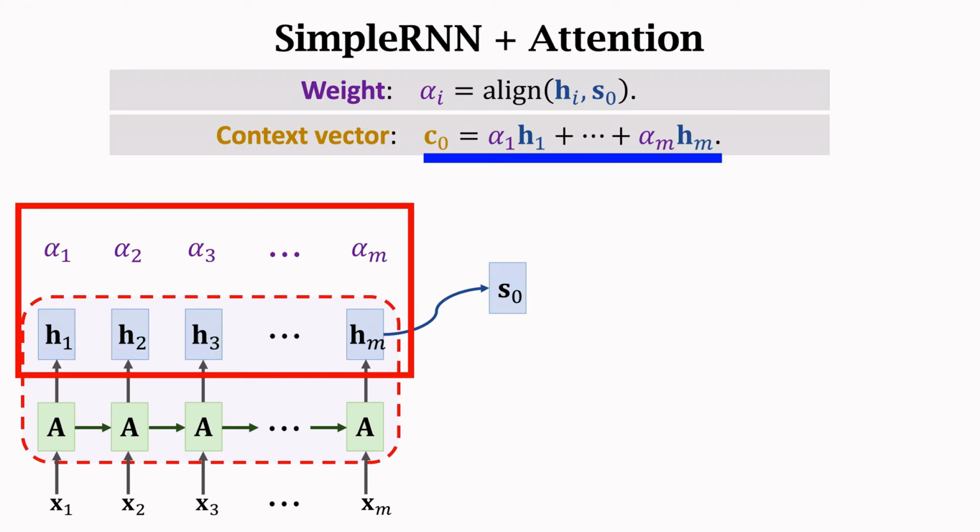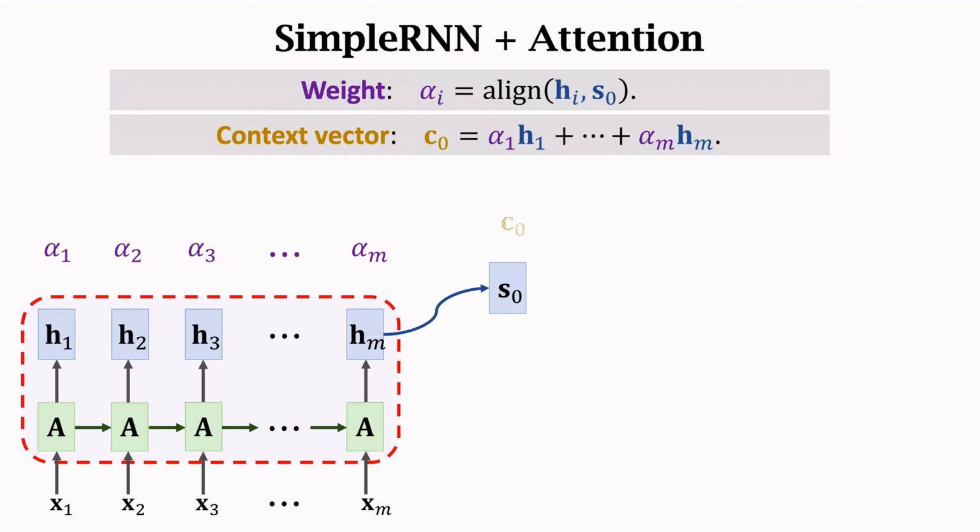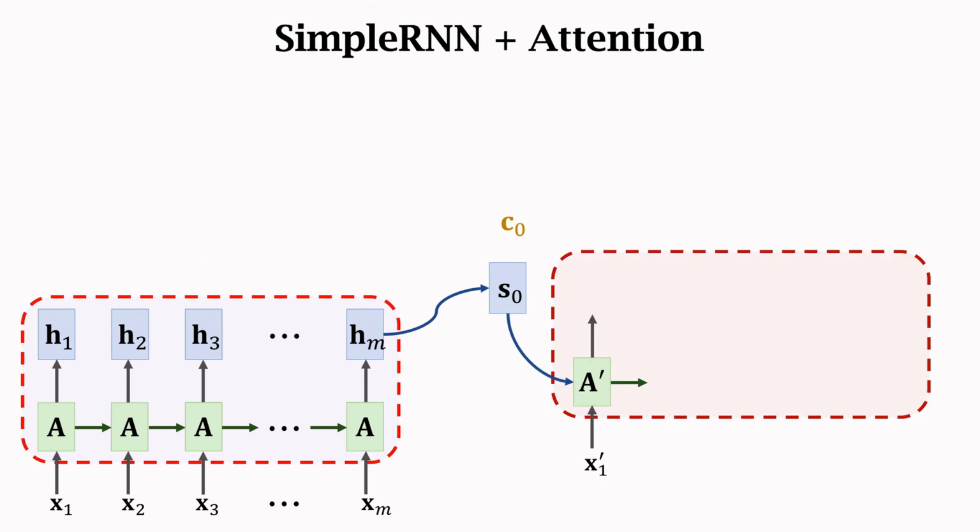C0 is called the context vector. The context vector C0 corresponds to the decoder state S0. Then we run the decoder network. It takes x'1 as input and then updates its state S. How to compute the new state?